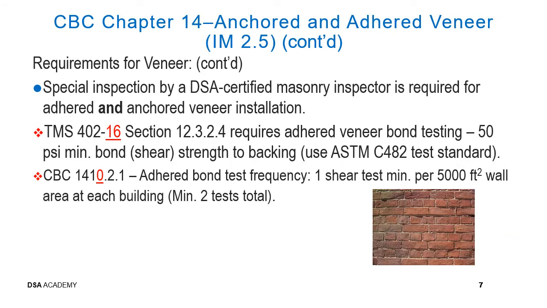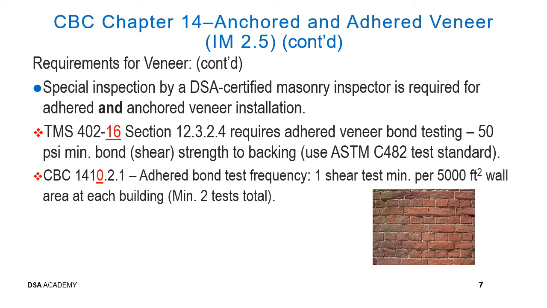More requirements for veneer. Special inspection by a DSA-certified masonry inspector is required for adhered and anchored veneer installation. TMS 402-16, Section 12.3.2.4 requires adhered veneer bond testing to 50 psi bond or so-called shear strength to backing.